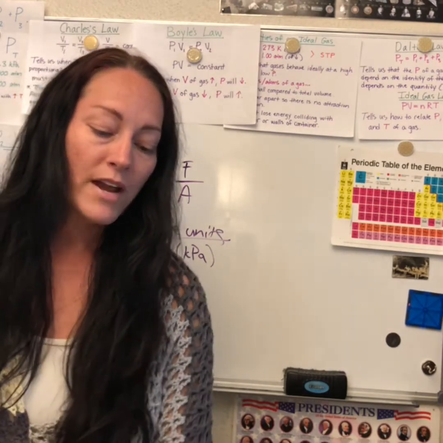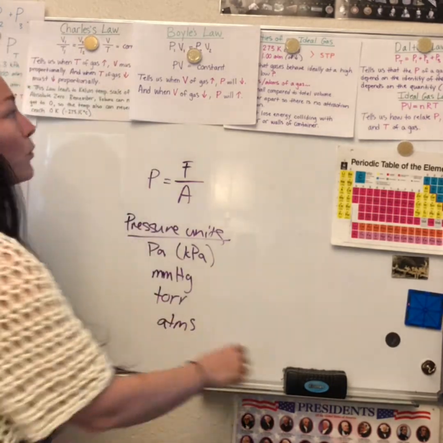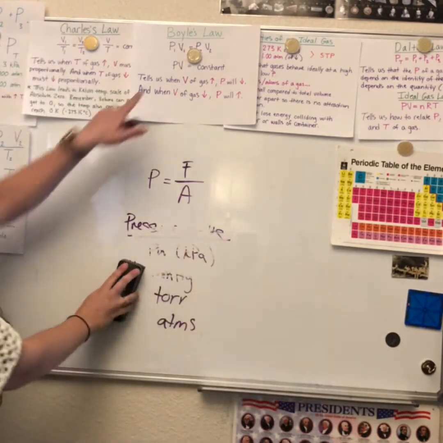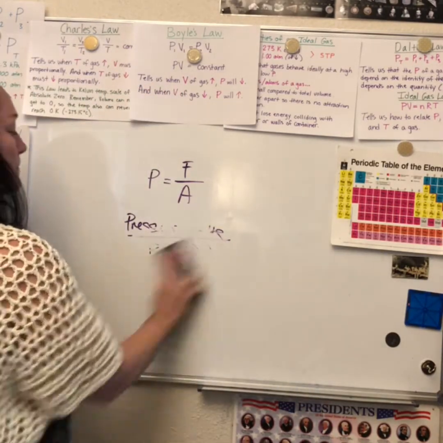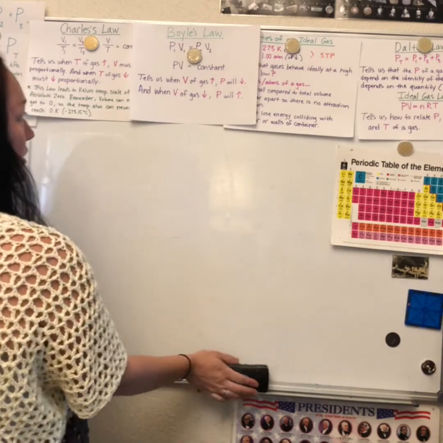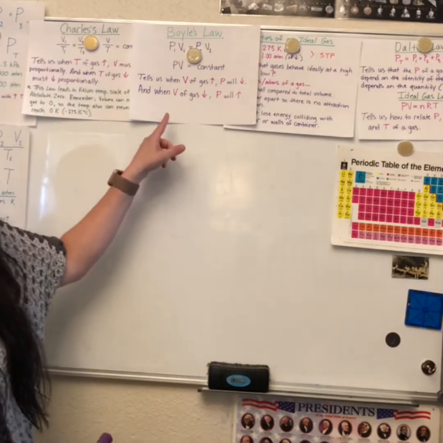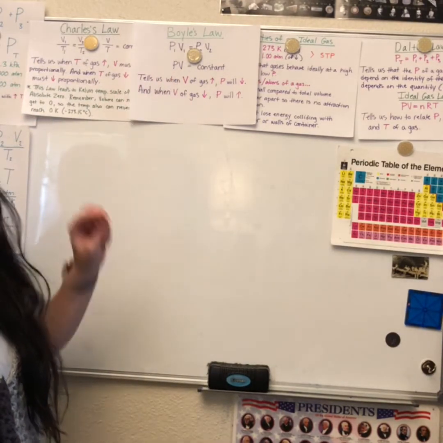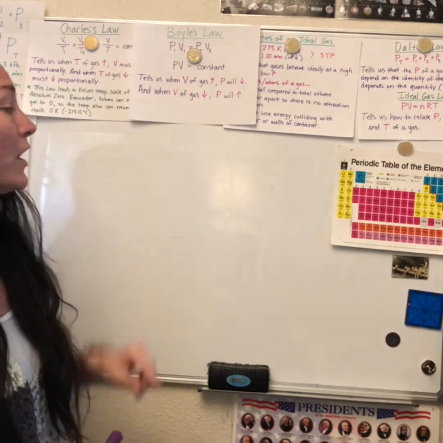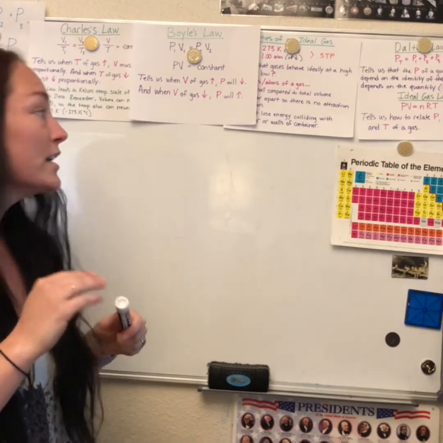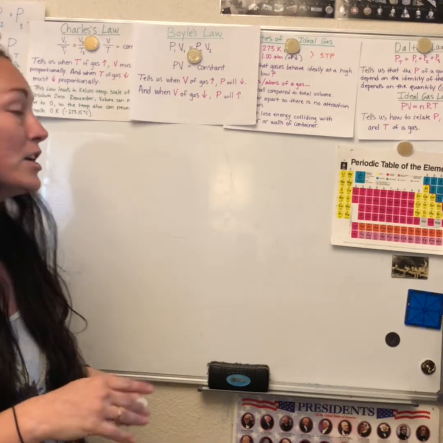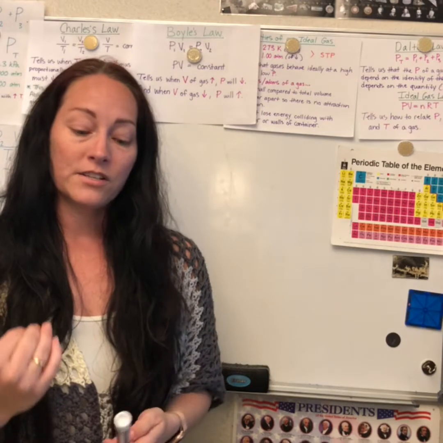Next one, it says, write Boyle's law in your own words. All right, so you can see Boyle's law is right up here, and they want you to write it in your own words. So really, if you look at Boyle's law, we know that the pressure and the volume, when they're multiplied together, that has to stay constant. So really, in essence, they're inverses of each other.